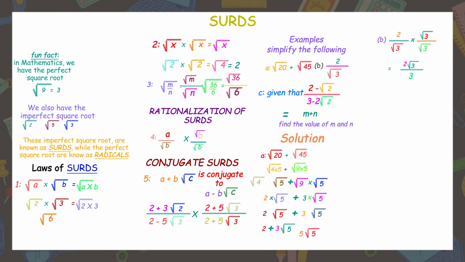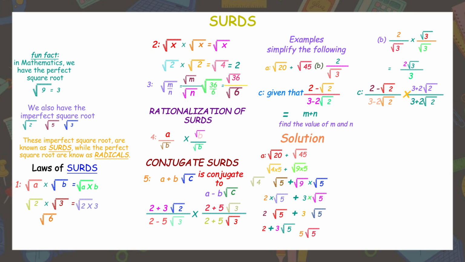So the last question is, given that 2 minus root 2 over 3 minus 2 root 2. This one is a conjugate surd. We rationalize, but it is a conjugate surd. We multiply by the same expression, but the minus we change to positive. That will be 3 plus 2 root 2 over 3 plus 2 root 2.